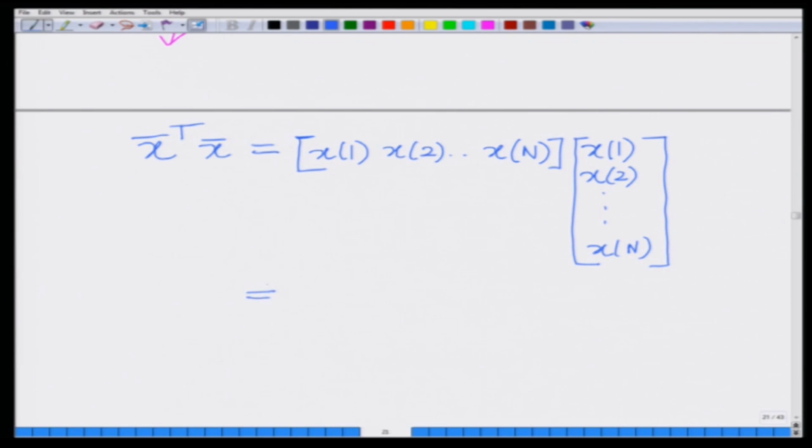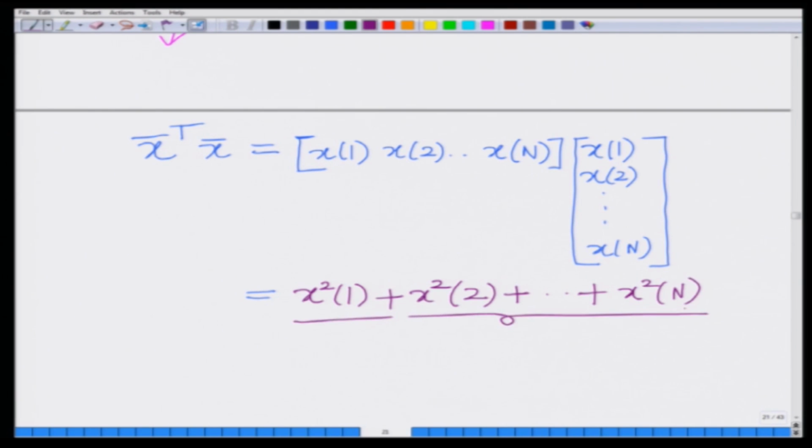This you can see is basically x1 square plus x2 square plus so on up to xn square, and this quantity is nothing but the norm of the vector, norm x bar square, where x bar is your pilot vector.